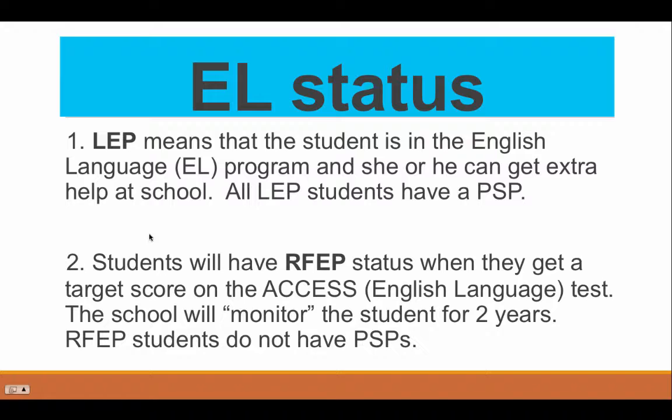Students will have an RFEP status when they get a target score on the Access, that's the testing scores, when they get a target score on the Access test score above a 5. A student, once they are RFEP, or as you often hear us refer to as tested out, that does not mean that the student is yet ready to stand alone or be on their own.